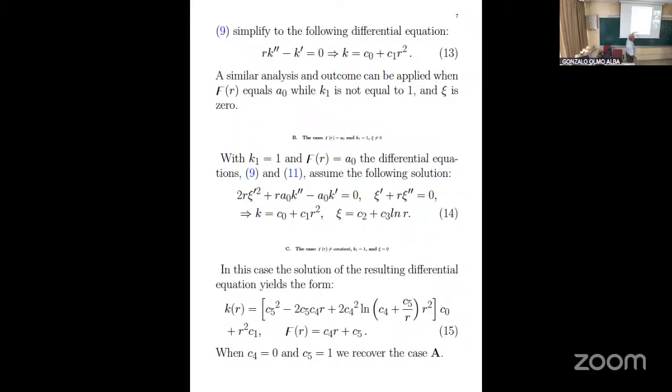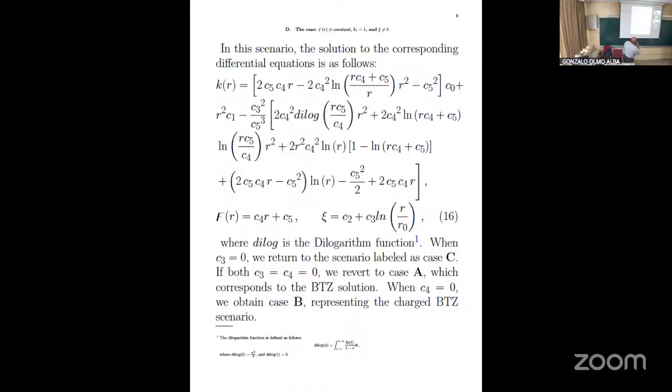We just derive the solution, and after that we will discuss its relevant physics. So this is the third case where we take f of r not equal to constant, and k1 equal to 1, and xi equal to 0. The next case is taking f of r not equal to constant, and k1 equal to 1, and xi not equal to 0.